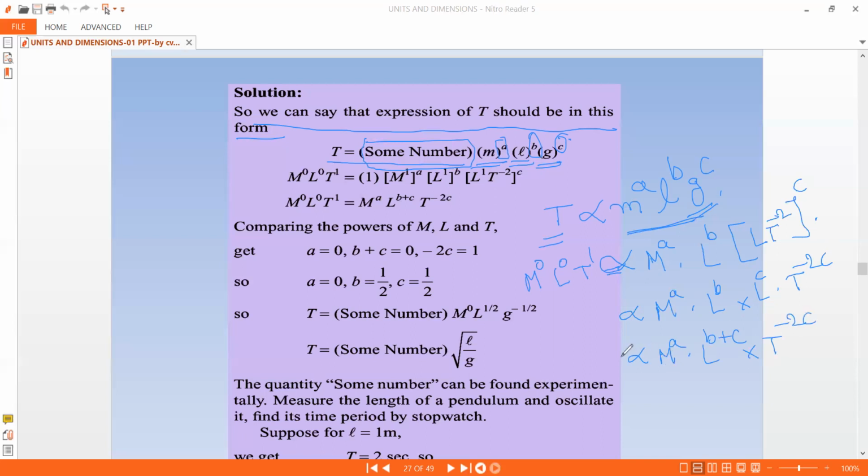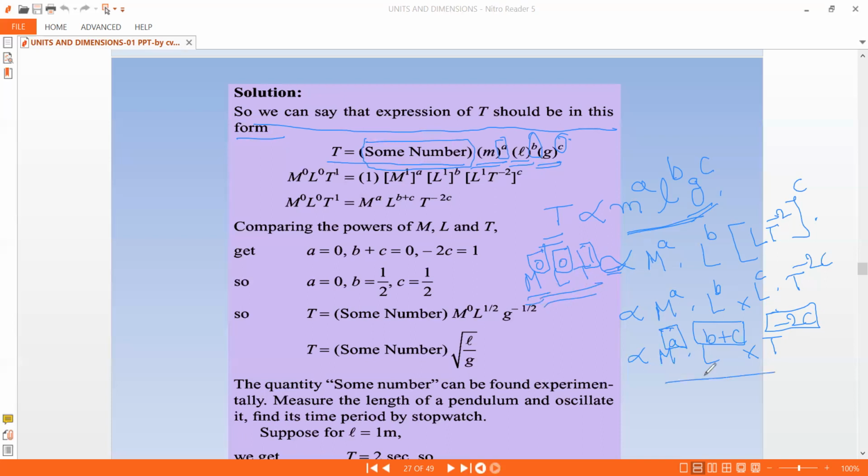And now you can compare the powers: the power for the mass dimensions, the power for the length dimensions, and the power for the time dimensions, on the left side as well as the right side.